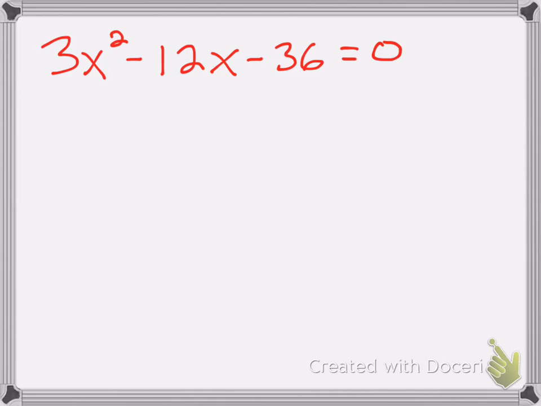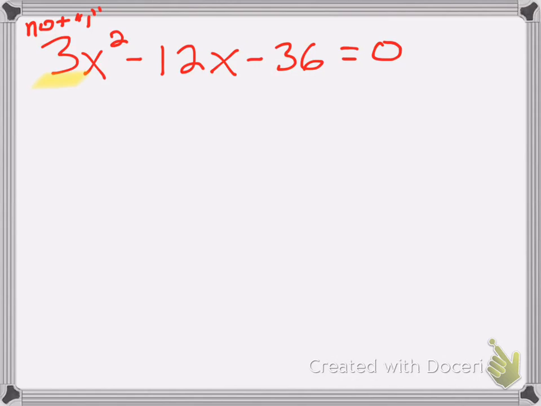Right? Now, the next thing I'm going to do is I'm going to look at the number in front of x squared. It is not 1. Don't be alarmed on this part. It is not 1.